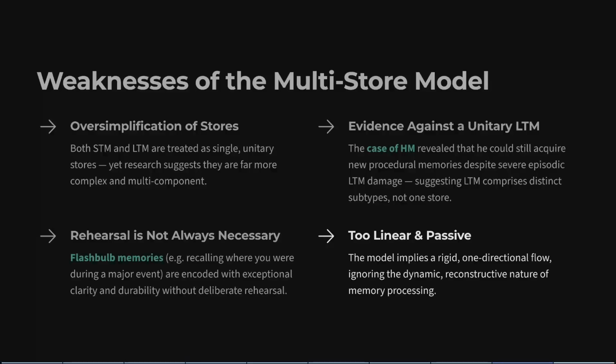The model presents memory as a passive conveyor belt, when in reality it's a dynamic, interactive system. The working memory model, which you'll see in the next video, addresses this by replacing the single STM store with a multi-component active working memory system. That is a direct response to the limitations that we've just discussed.